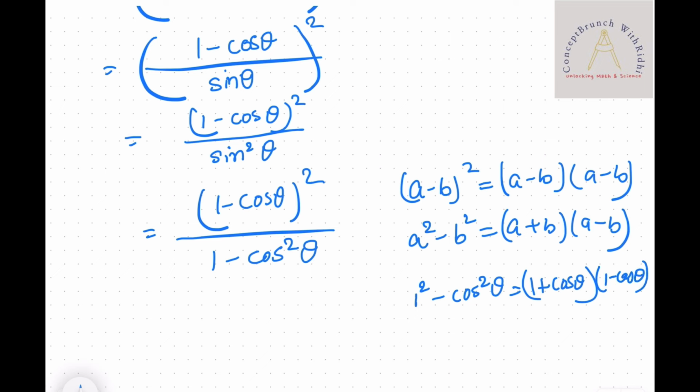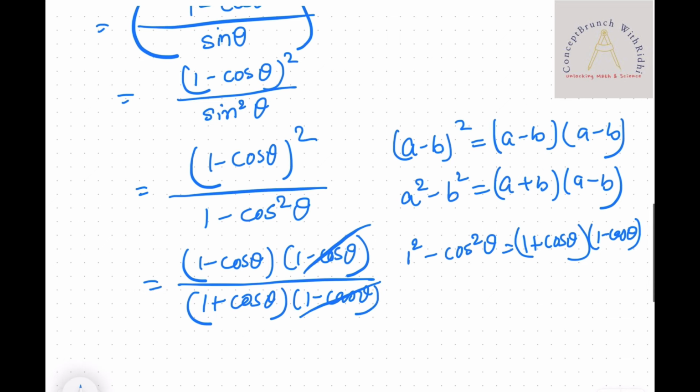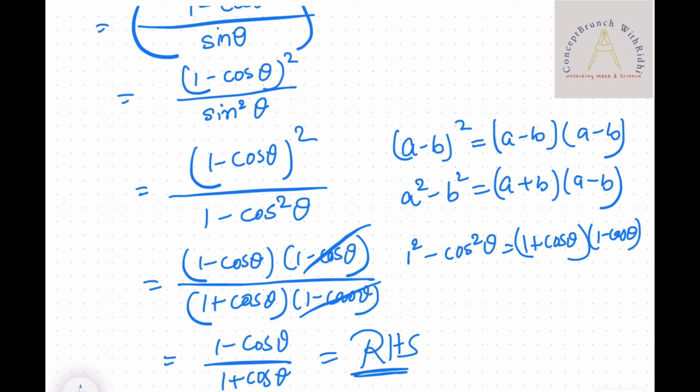Just write all the values: (1 minus cos theta) times (1 minus cos theta) divided by (1 plus cos theta) times (1 minus cos theta). Cancel the common value. So finally we get the answer as 1 minus cos theta divided by 1 plus cos theta. If you check it, this is our RHS, hence proved.